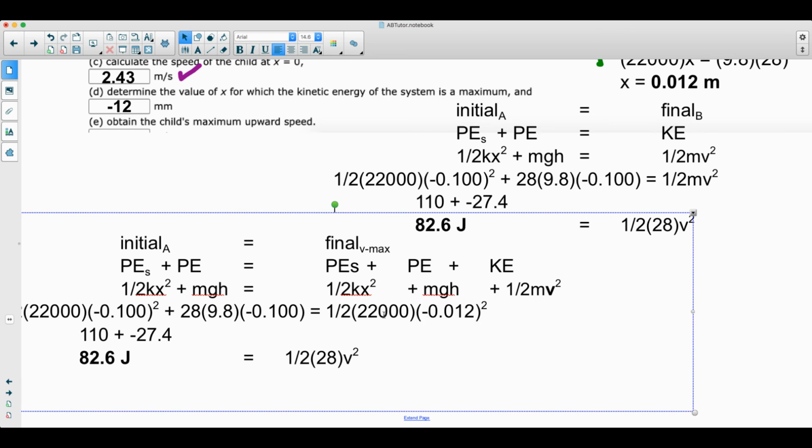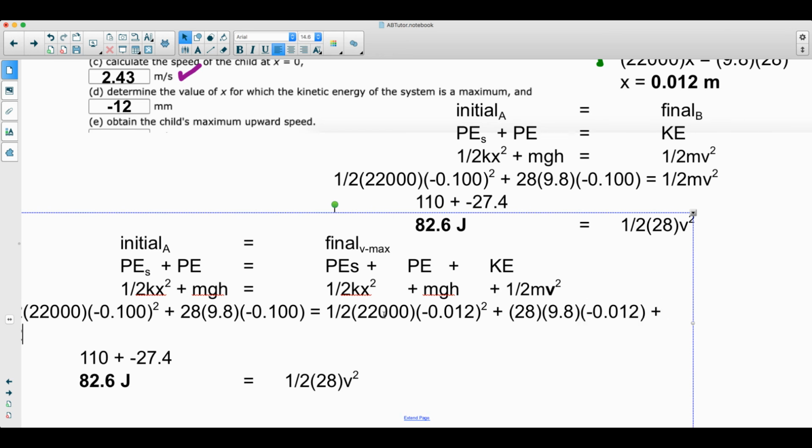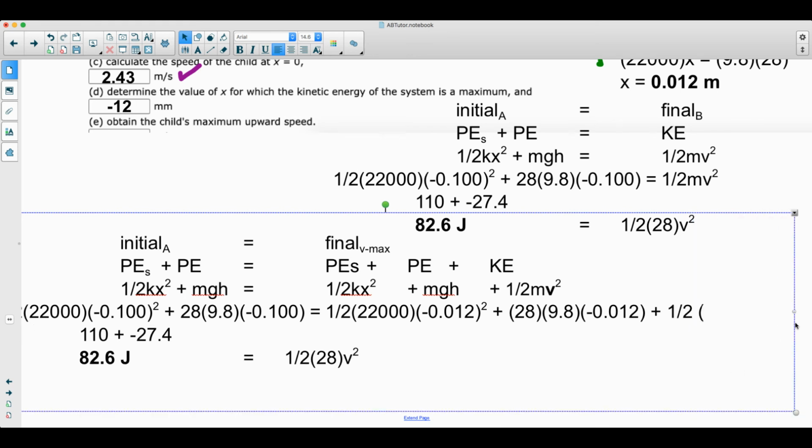Technically, it's negative, but it's going to be squared, so it doesn't matter anyway. However, the negative is going to matter here, plus 28 times 9.8 times negative 0.012 plus 1/2, what's that over here? 28 v squared. Oh my goodness, look at this mess.